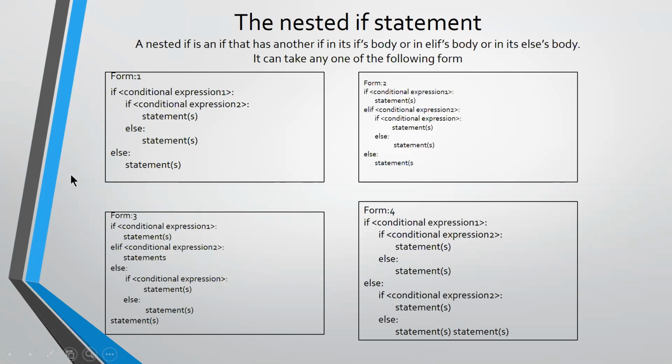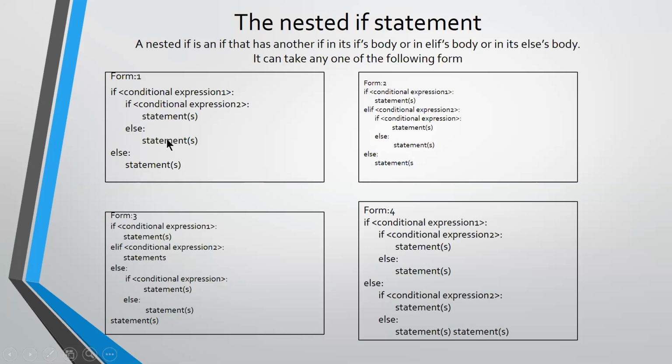If you don't write the else properly, you are not at all going to get the answer. This else part gets executed if condition 1 is not satisfied. This else part gets executed only if this conditional expression 2 evaluates to false.